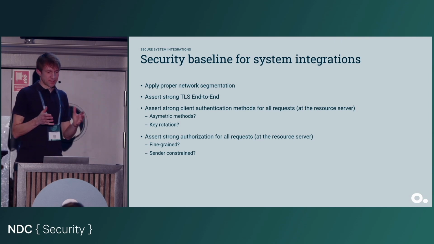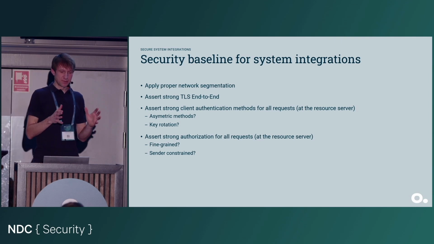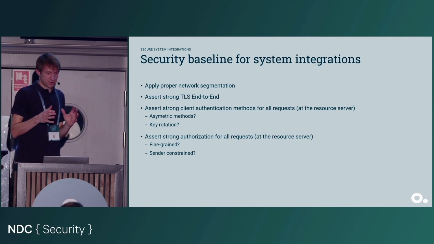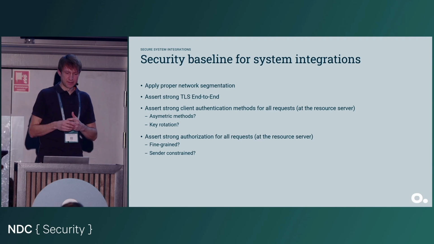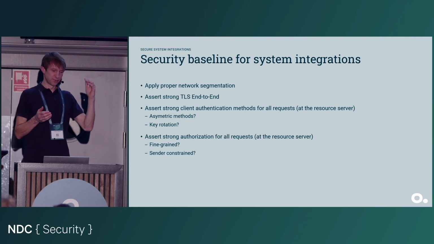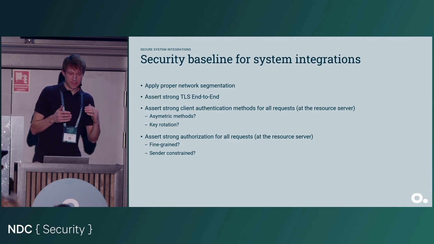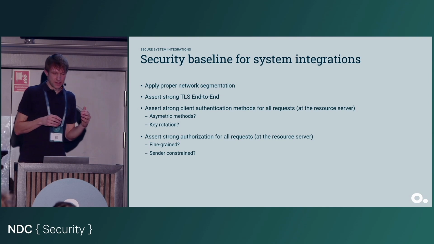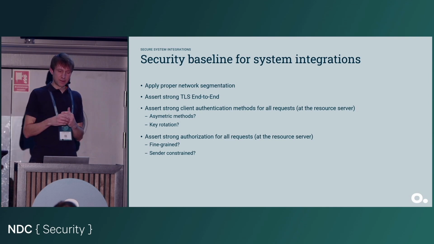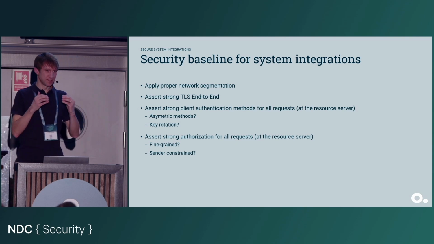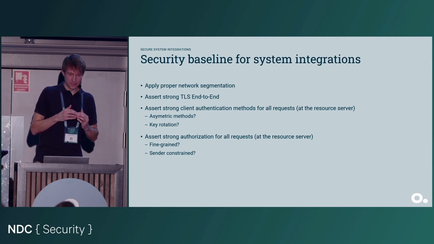So if we look at it in a little bit more general way, before we move on to other kinds of integrations, we can form a security baseline for system integrations. So we always should think of these 4 key aspects. The network segmentation, the transport layer security, and the client authentication methods, and how fine-grained we need to do the authorization to not leak data between customers and things like that.